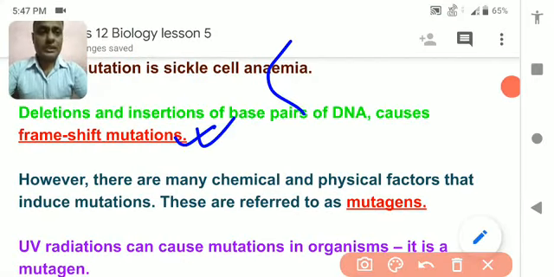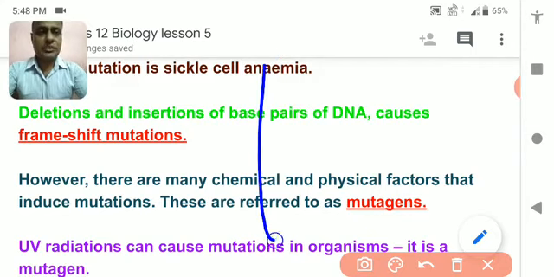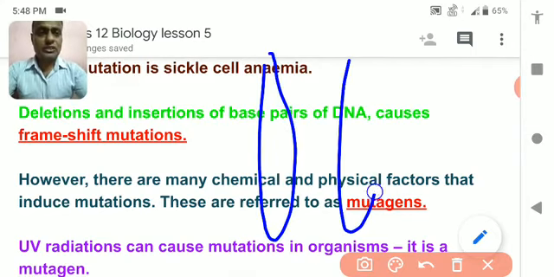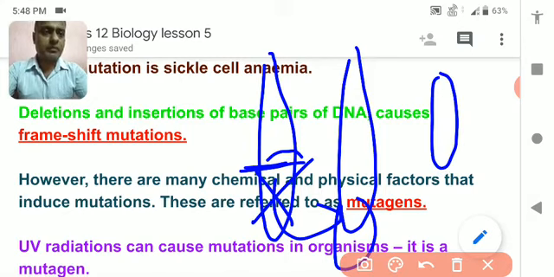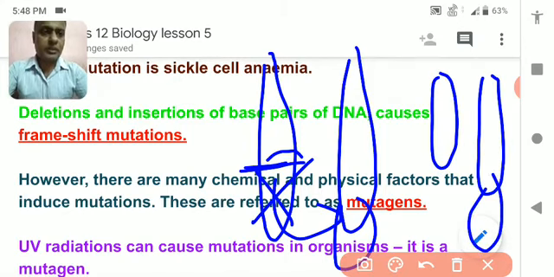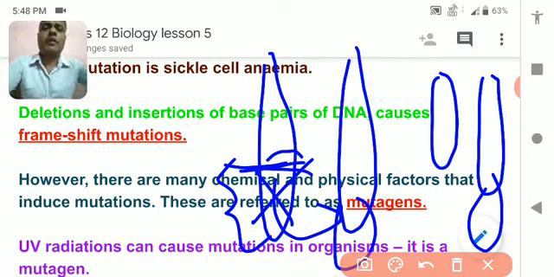Suppose there is a chromosome, and this one is also a pair of chromosome. Somehow this piece of chromosome has been cut from there and stuck on this place. So in the next phase, this chromosome remains very small and this chromosome becomes big. So frame shift means a piece of a chromosome has been cut from one part and gone to another, or somehow it has been destroyed.